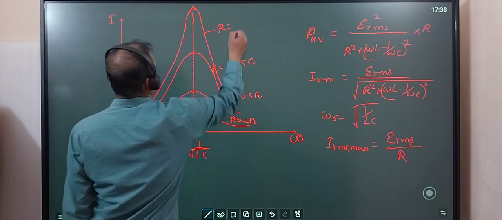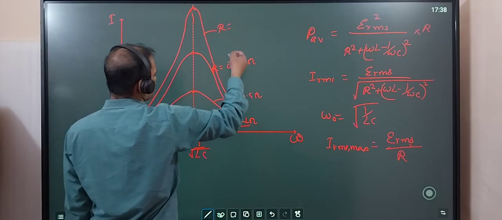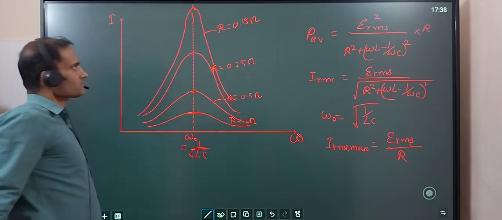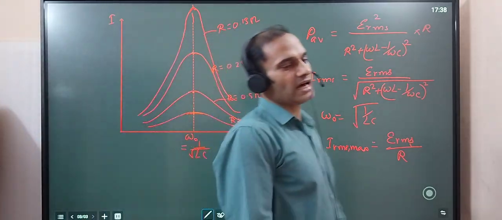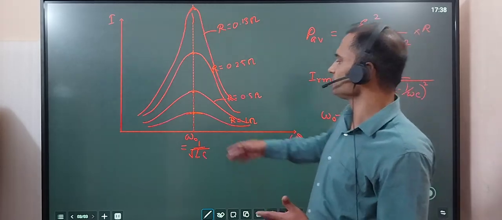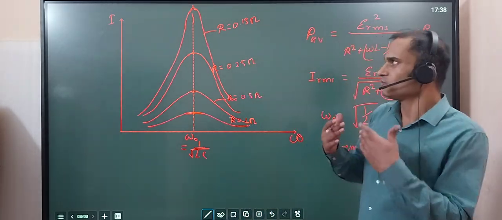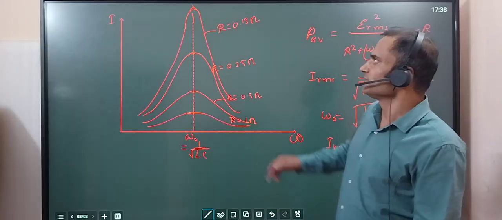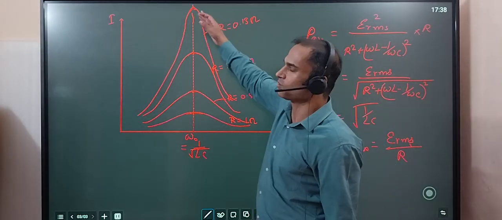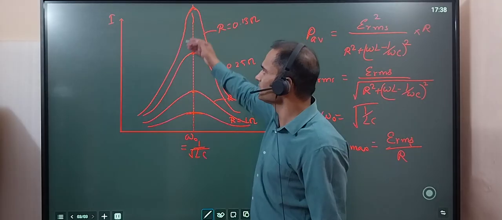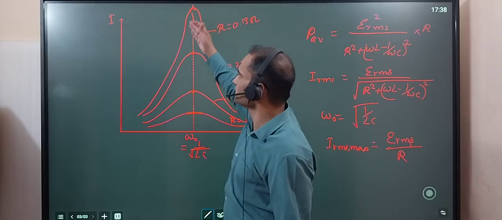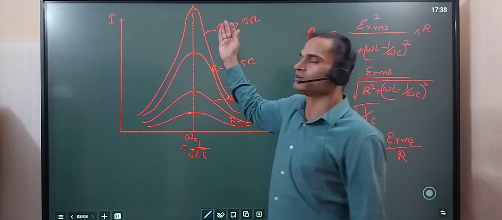Suppose the R value is even less, I will say 0.13 ohm. So what you see, sharpness of the resonance curve is increasing when we decrease the value of R. What does it mean? We will get a good signal at omega naught, and current will decrease quickly if you decrease the omega or increase the omega.